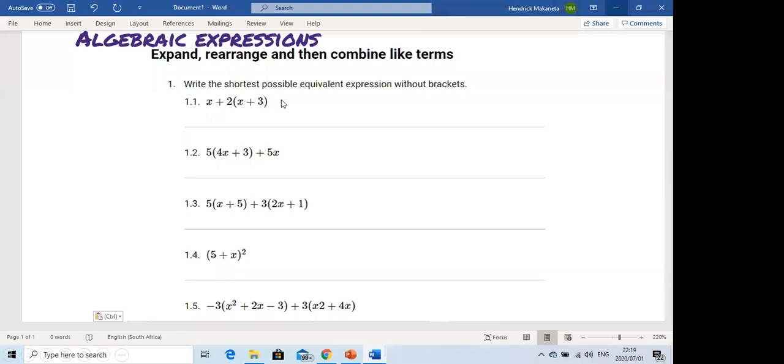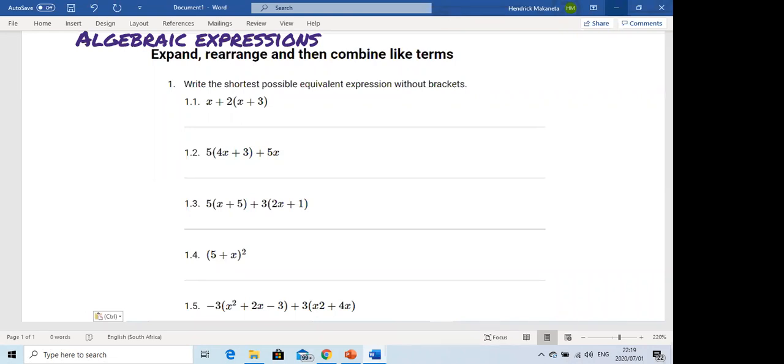And I'm still going to demonstrate this as we proceed, but I just want to test your knowledge as far as simplifying expressions is concerned. Let's just carry on.